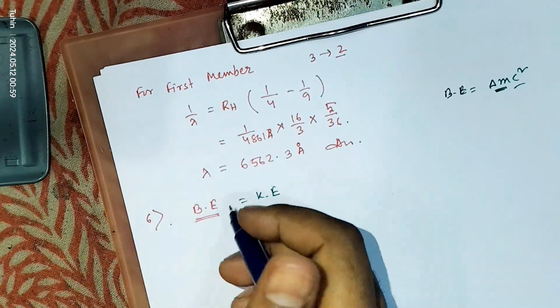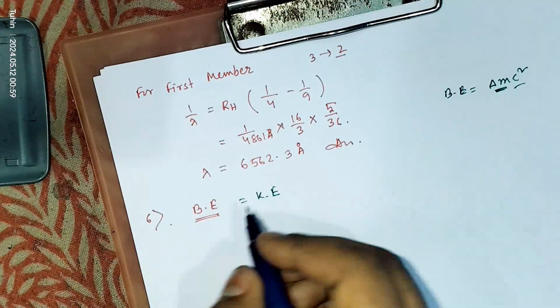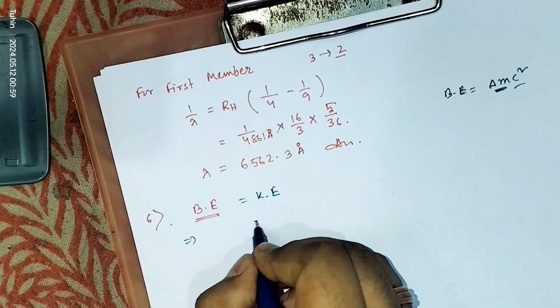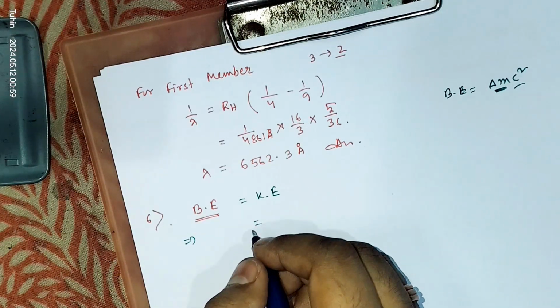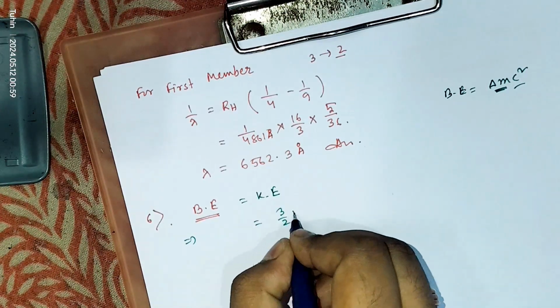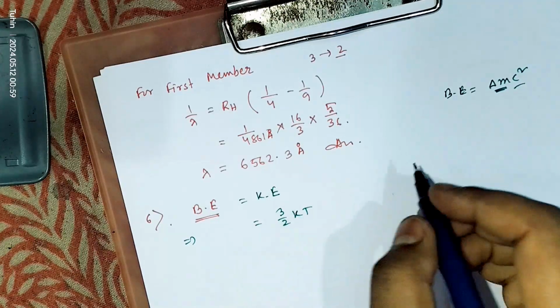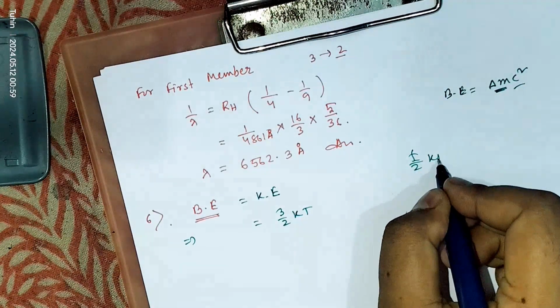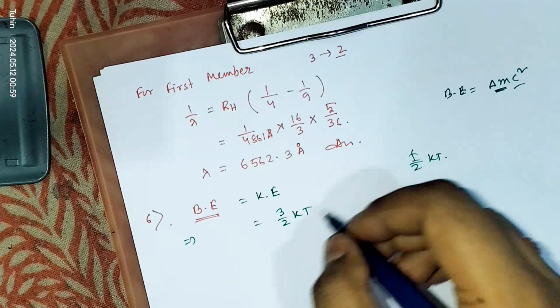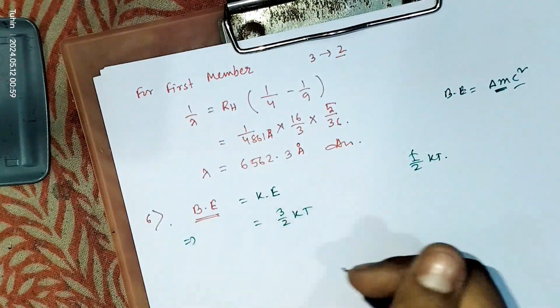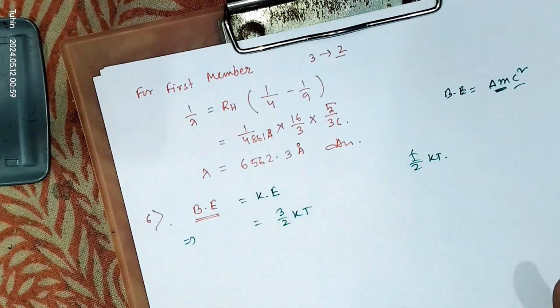Already you know that kinetic energy equals f by 2 kT, where f is the degrees of freedom, so here it is 3 by 2 kT. I am not going into the reason for that part. So here f equals 3, giving 3 by 2 kT.